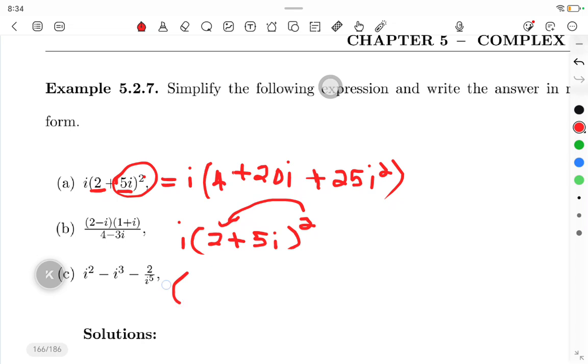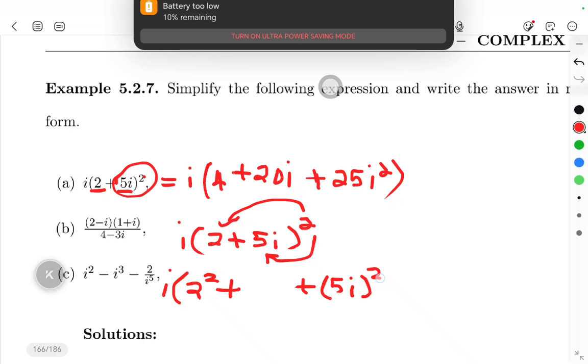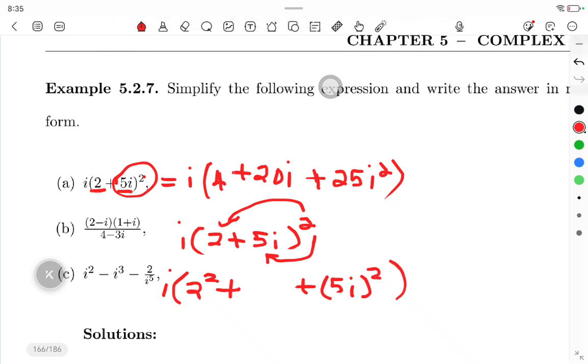And then you multiply all these terms together and put it in the middle. So it's like 2 times 5i. You see, right? And this is 4 plus 20i plus 25i squared. This is the simplest way to do it.